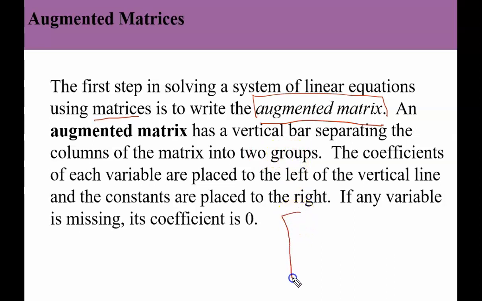The general form would have a bracket, and then a vertical bar here. On this side would be your variables, and on this side would be the constants. If any variable is missing, we would put a 0 in that spot to set it up in the proper form. All right, let's take a look at our next slide.